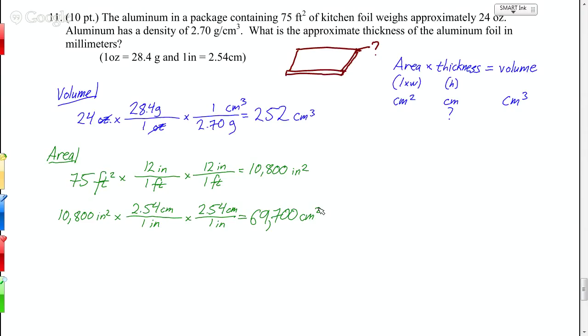Okay, so now we have volume. Let's write that down. 252 cubic centimeters. And we have area, 69,700 square centimeters. So to get thickness, we need to divide 252 by 69,700.